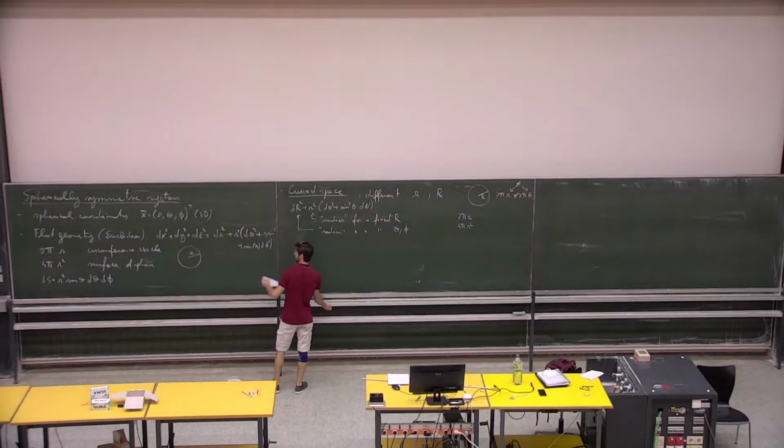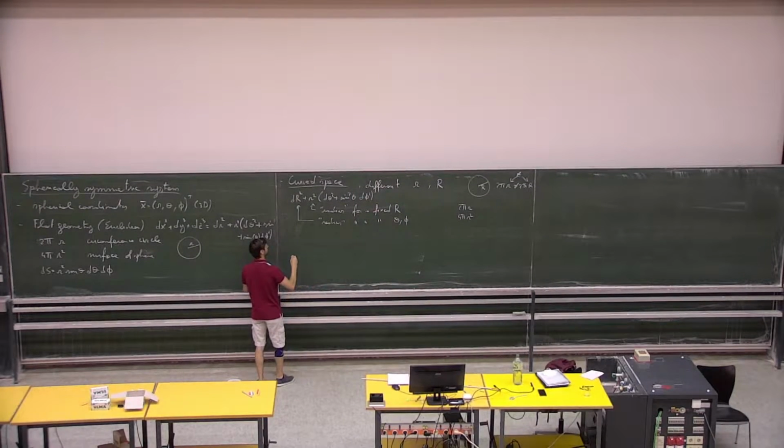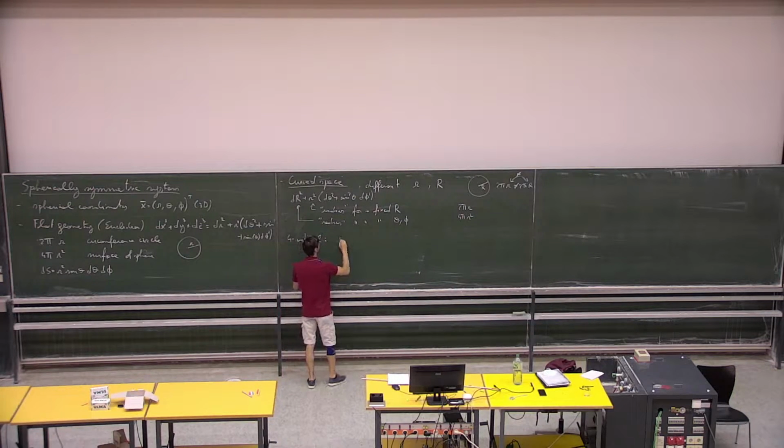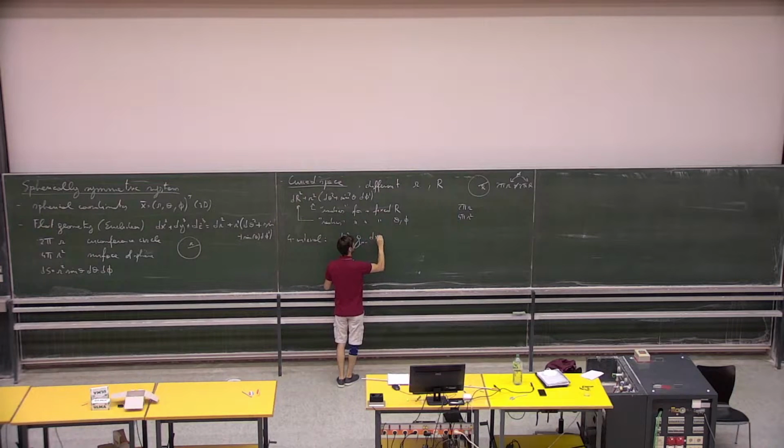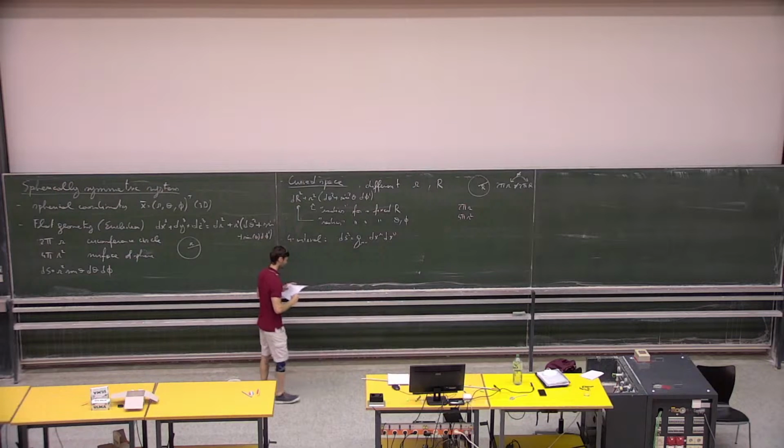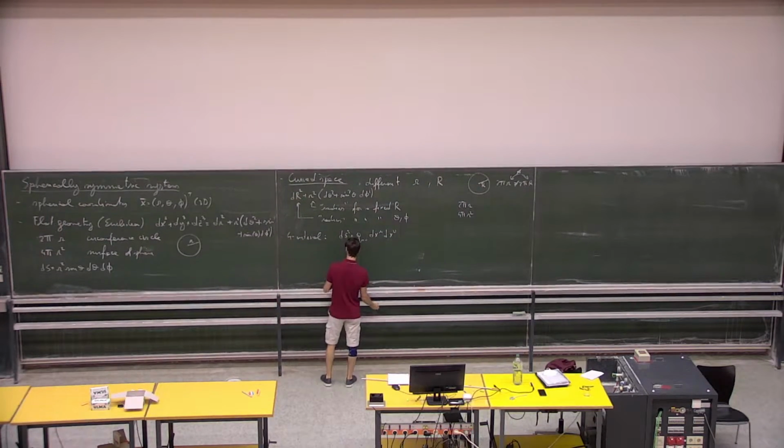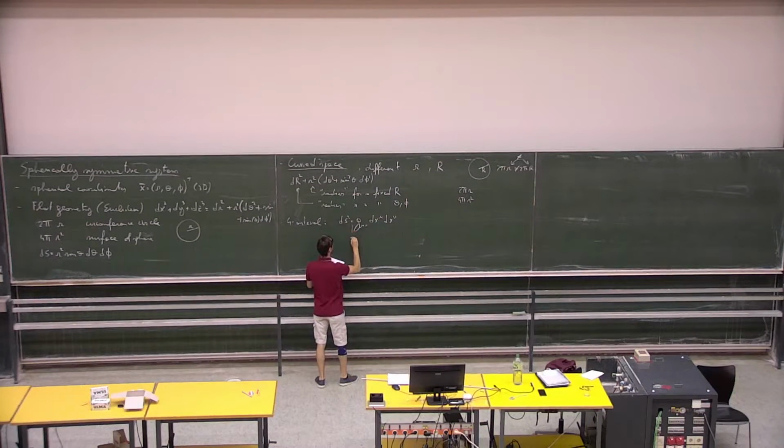The full four-dimensional interval now is going to be ds squared equal to what? g mu nu dx mu dx nu. Which in general is going to be, you see there are repeated indices as usual.